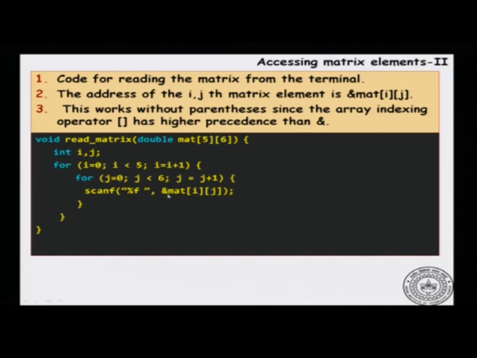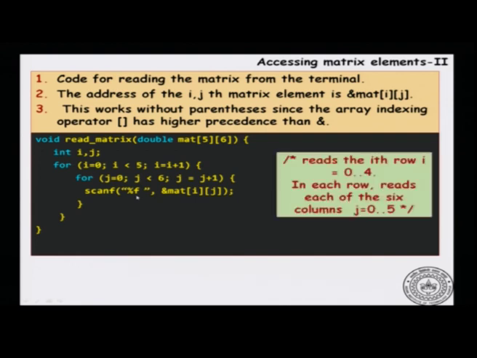Similarly, we have & of mat[i][j]. Again, note that even though we have a double array, you read it in exactly as though it were a float array using the %f format. So, read in the ith row, and the ith row goes from 0 through 4, and for each row read the jth column. Column goes from 0 to 5.